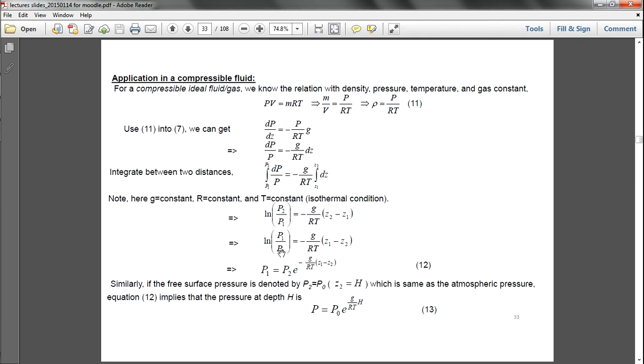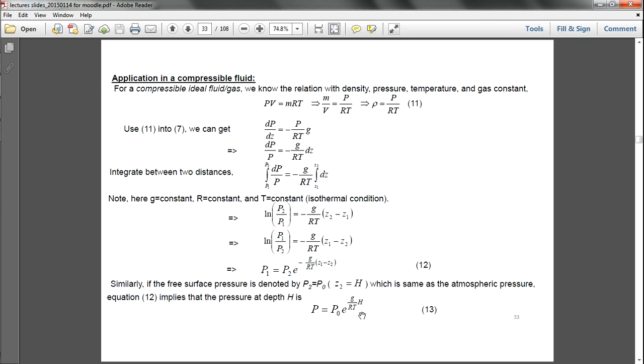And then what is the difference between this formula and this formula? The reason why it changed sign, z2 minus z1 changed to z1 minus z2, and p2 over p1 changed to p1 over p2, is to ensure that the final result is in terms of positive, because p0 is actually atmospheric pressure.